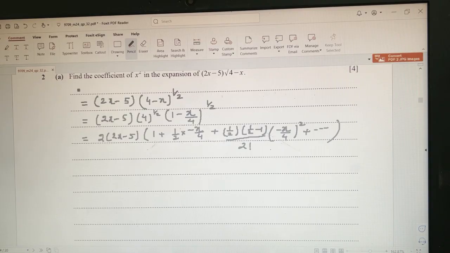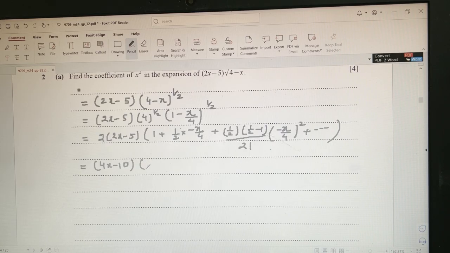So now this will become, we can write it as 4x minus 10, and here we will have 1 minus x over 8, and this is half. This will become half minus 1, that is minus half.